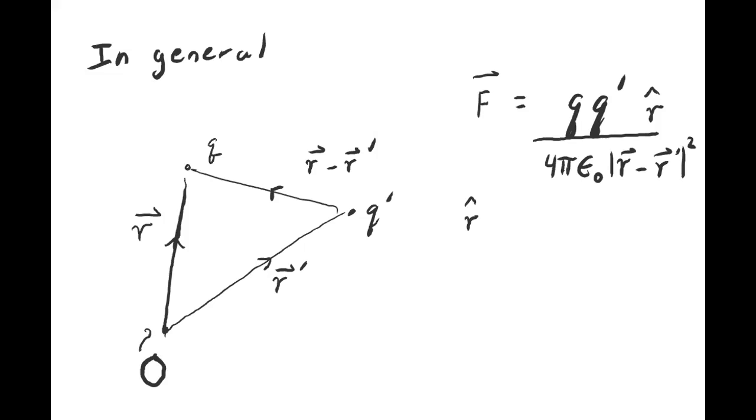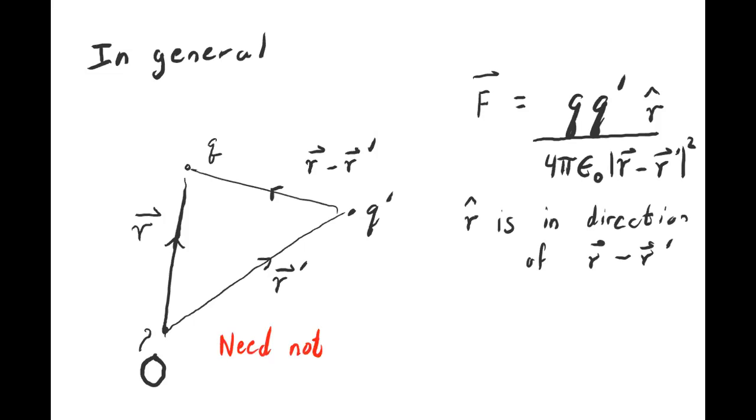So R hat is in the direction of this vector R minus R prime. But the key point here is, unlike in the previous case, I need not put the charge at the origin. This is a much more general way of writing down Coulomb's law.